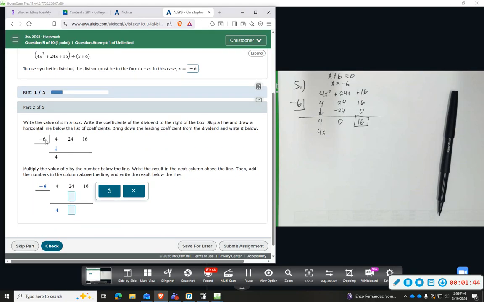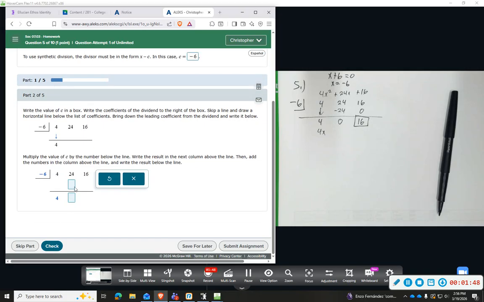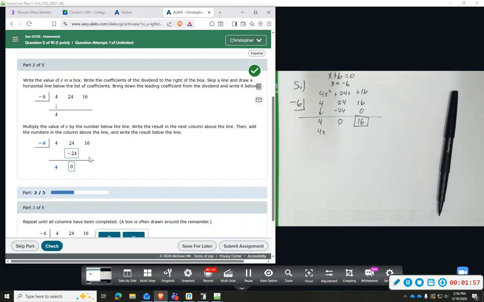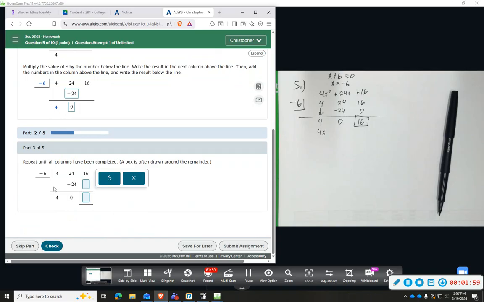And then it's showing us a process. Bring the 4 down. -6 times 4 gives us -24, and we add those, we get 0. And then we do -6 times 0, which we get 0. And then 16 plus 0 gives us 16.